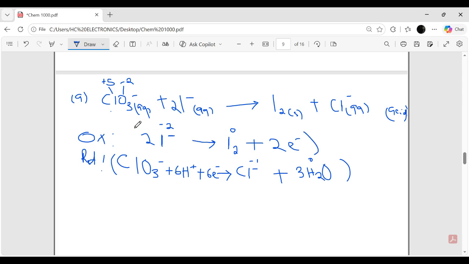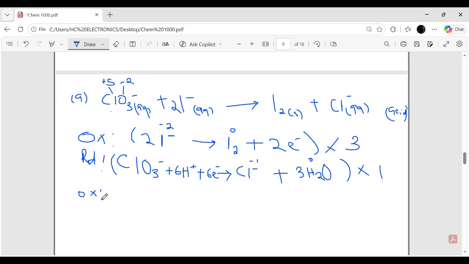So you're going to multiply this equation by 3 so that the electrons become equal. Then this one by 1.